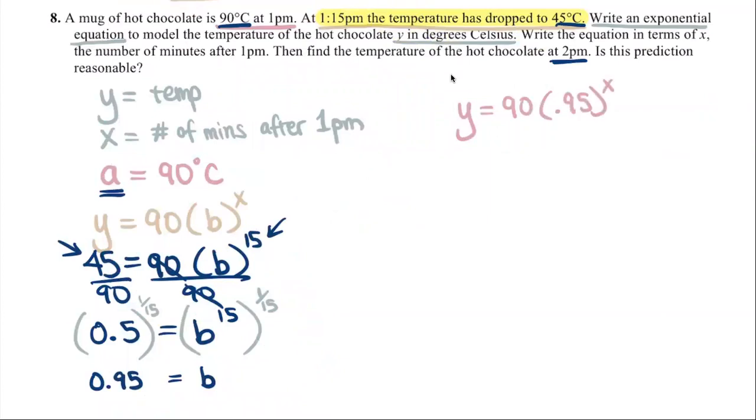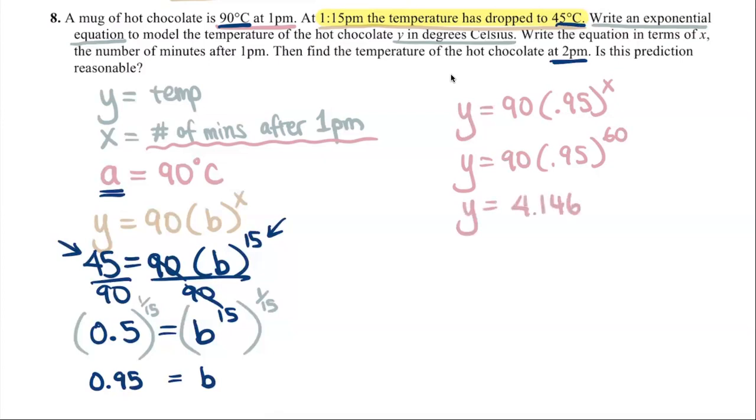At 2 p.m., I need to set x to be the number of minutes after 1 p.m. So that would be 60 minutes after 1 p.m., which would be 2 p.m. Once you plug that all into your calculator, you should get 4.146. And we're talking about degrees Celsius, so I'll just do 4.15 degrees Celsius.